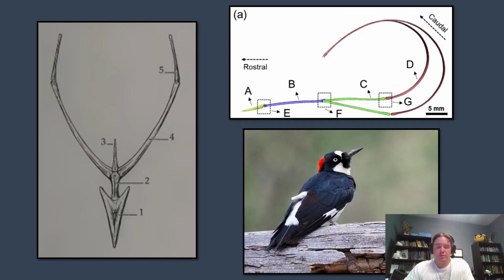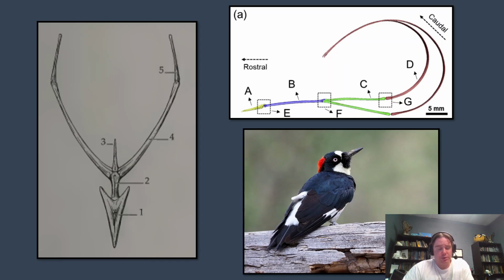So the tongue. The hyoid apparatus, like our hyoid apparatus that supports our tongue, is this sort of U-shaped bone. In birds, it supports their tongue and is composed of a series of bones.